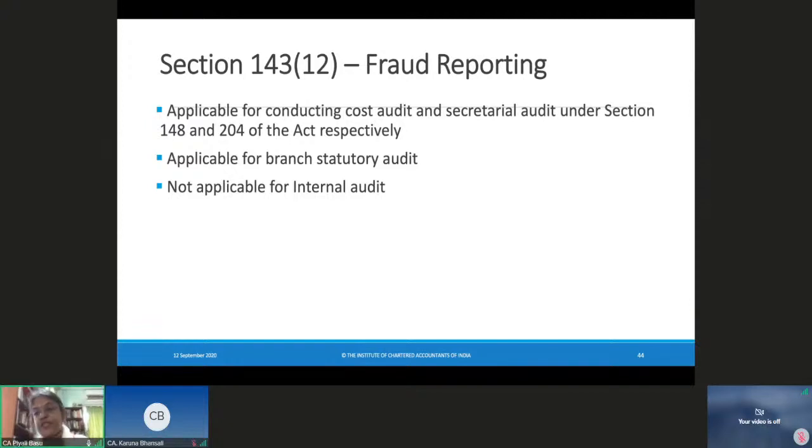The concept of materiality is fundamental in setting up an appropriate system of internal control. So we have to keep that in mind for fraud reporting too.